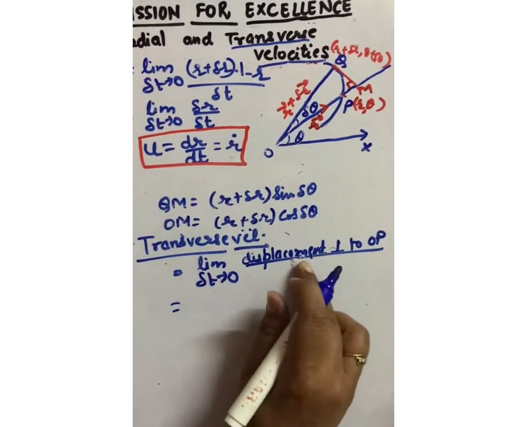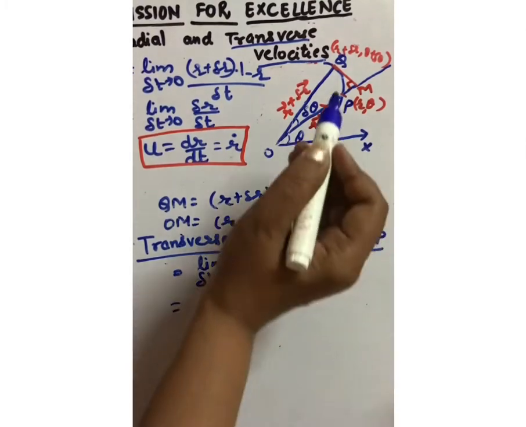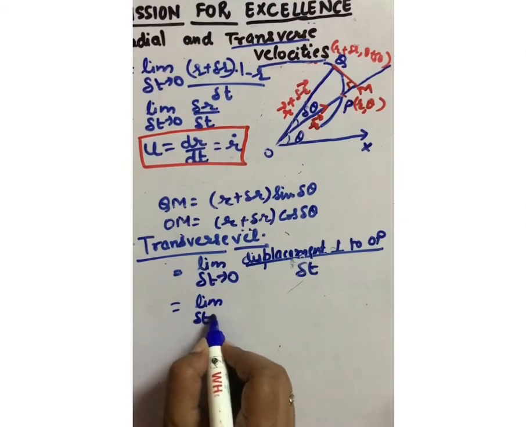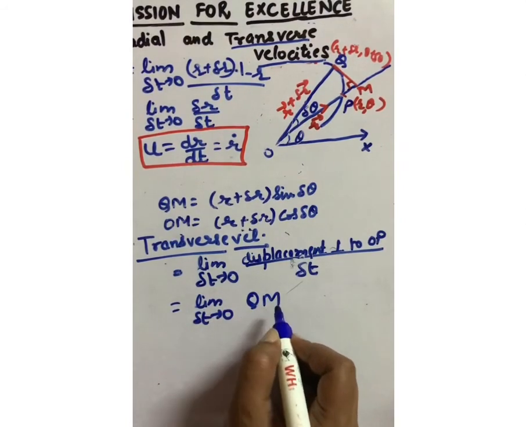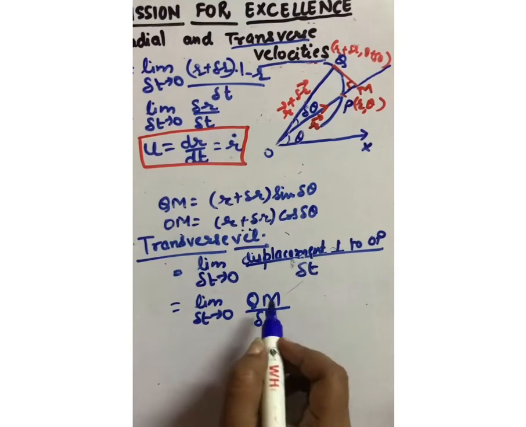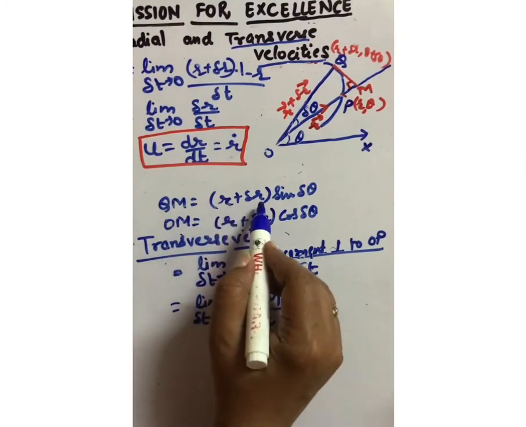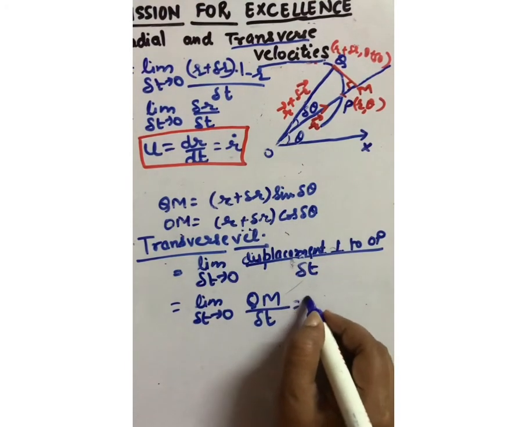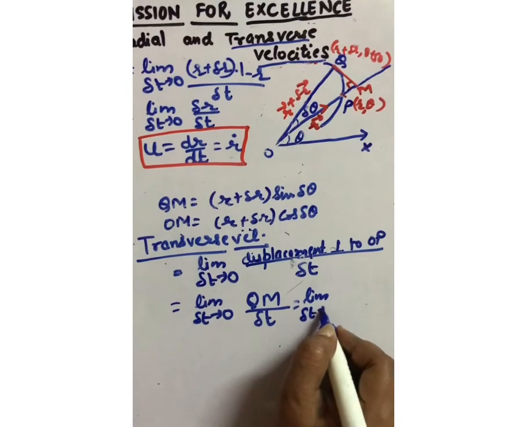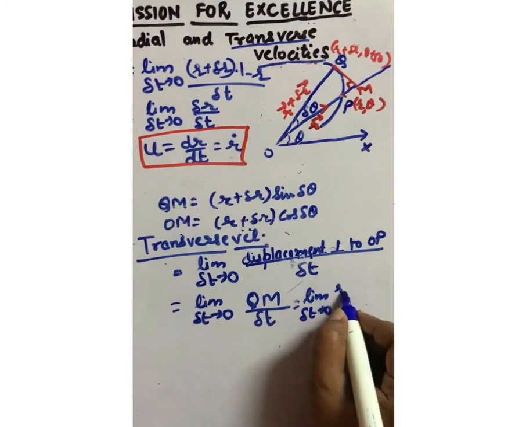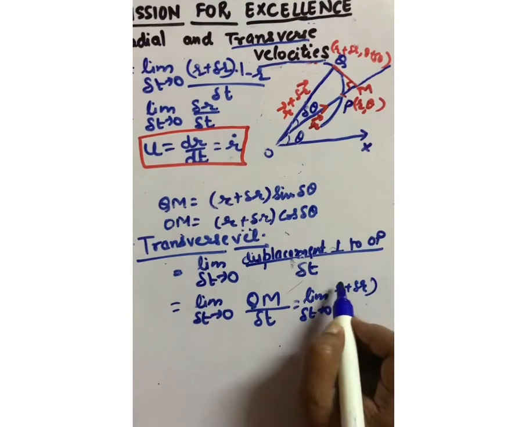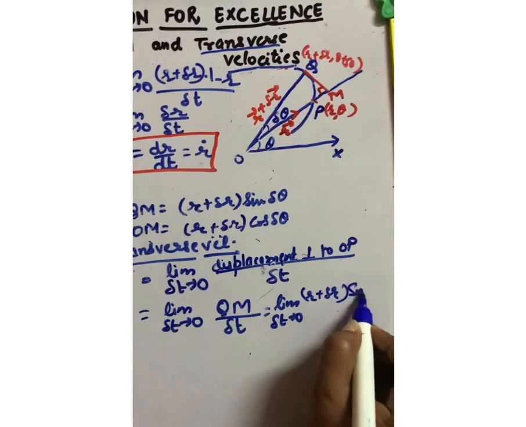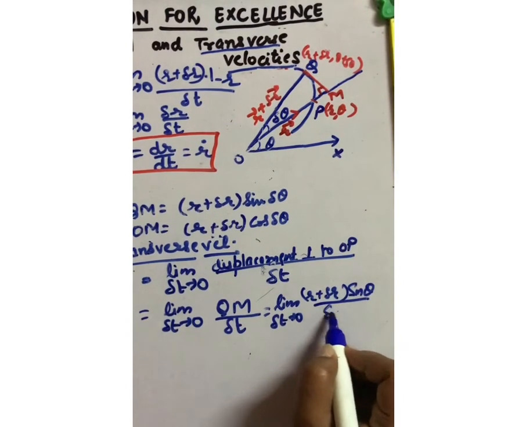So perpendicular to OP, the displacement is QM. So let us take limit delta t tends to 0 QM by delta t, and we have the value of QM as R plus delta R sine delta theta. So we will write it as limit delta t tends to 0 R plus delta R sine delta theta by delta t.